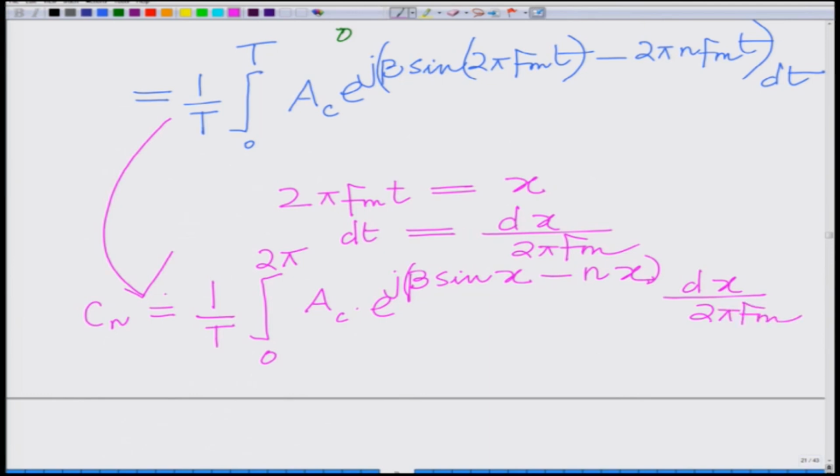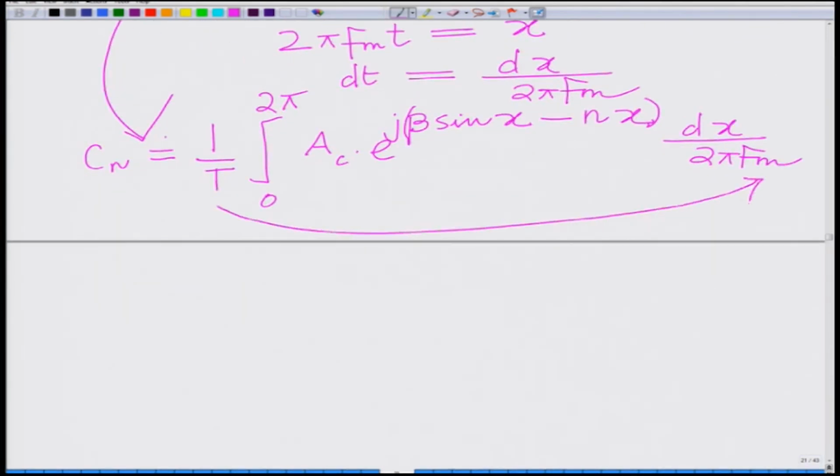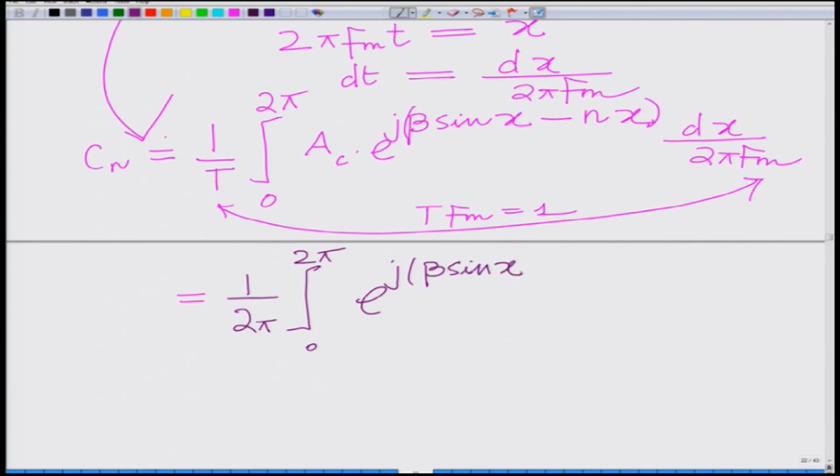Of course, T into fm equals 1, remember T is 1 over fm. So, 1 over T fm becomes 1, and this will be 1 over 2 pi, integral 0 to 2 pi, e to the power of j beta sin x minus n x dx, that will be your Cn.